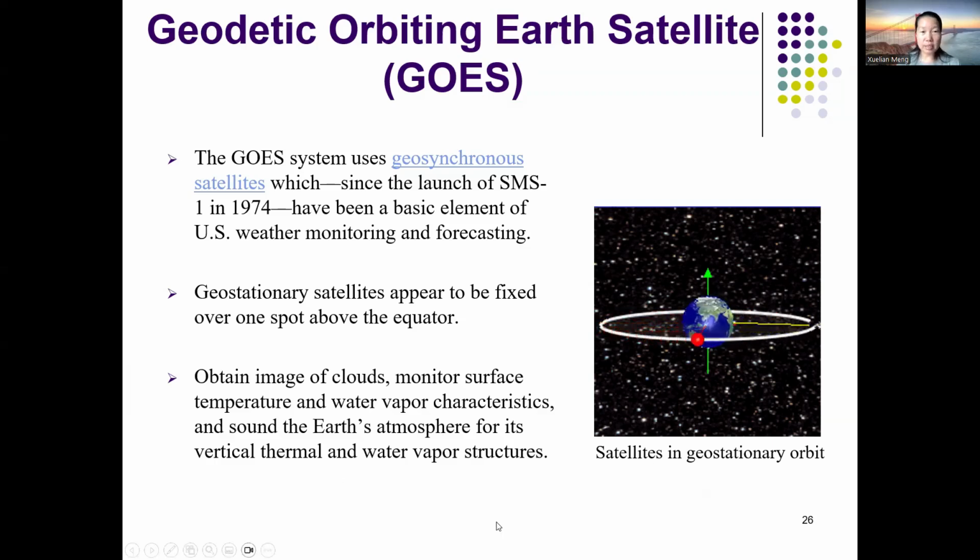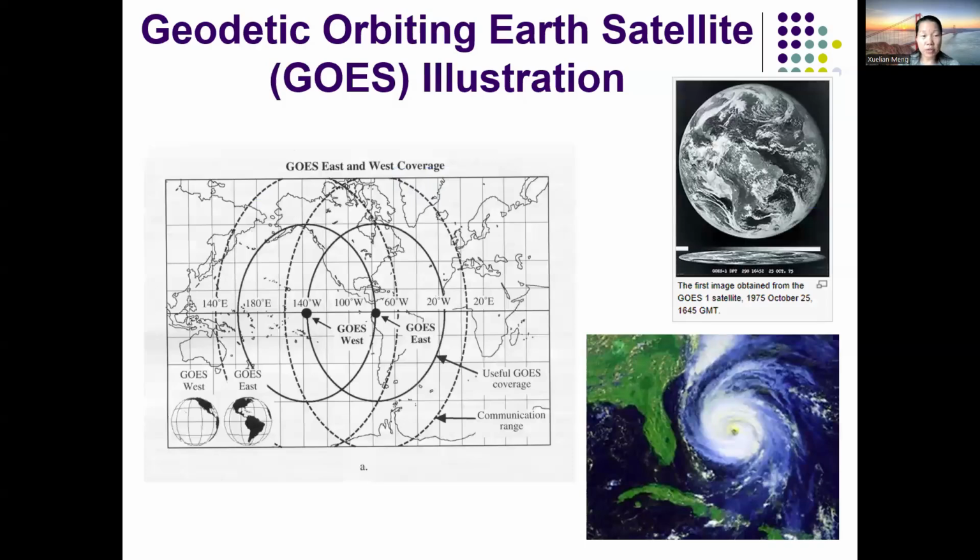So this GOES dataset obtains images of clouds, monitors surface temperature and water vapor characteristics, and sounds the Earth's atmosphere for its vertical thermal and water vapor structure. So this is a data source that you often see on the weather report and in tracking of hurricanes and other information.